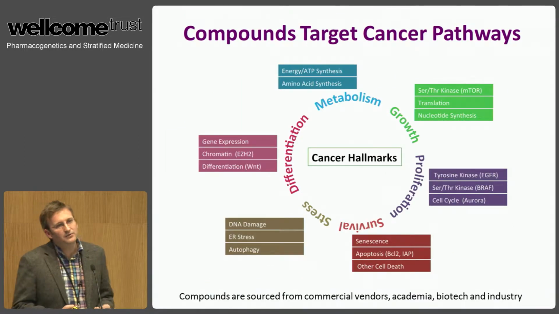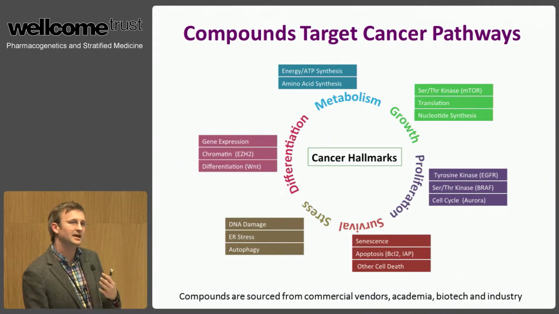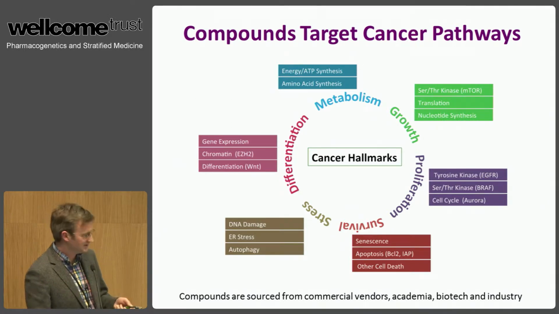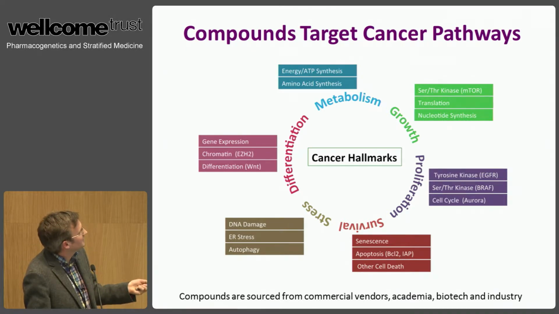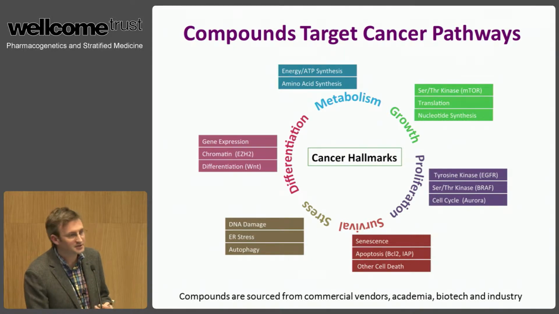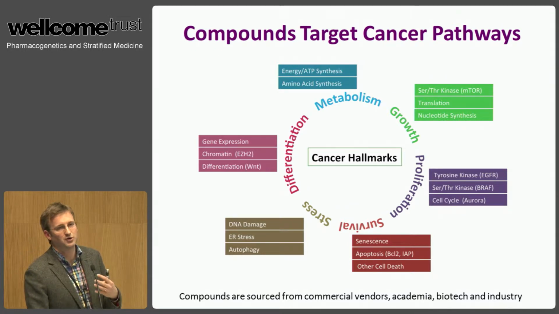The drugs themselves, as I mentioned, are very carefully selected to target key cancer pathways and processes. That's just depicted here by different hallmarks. So for example, we have a relatively large number of tyrosine kinase inhibitors. These are key proteins involved in cancer, and also a major drug target from the pharmaceutical industry.